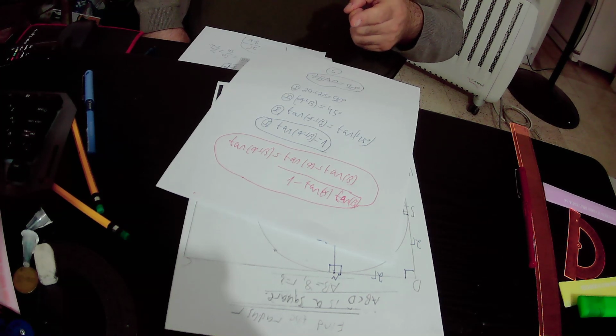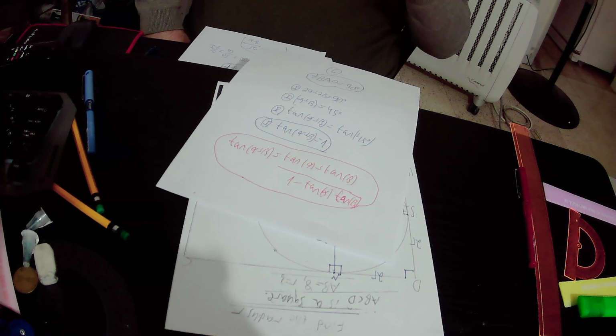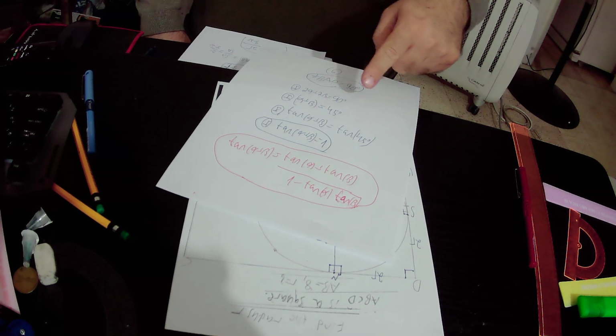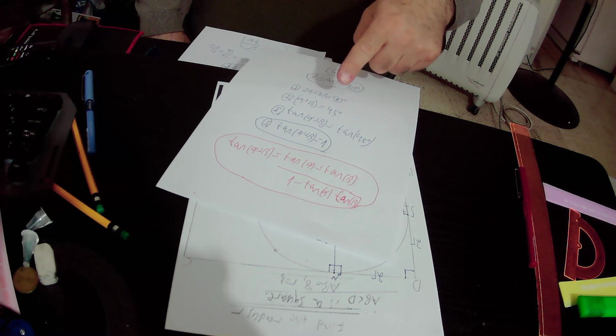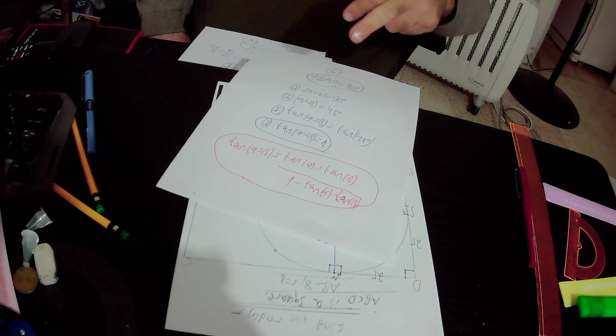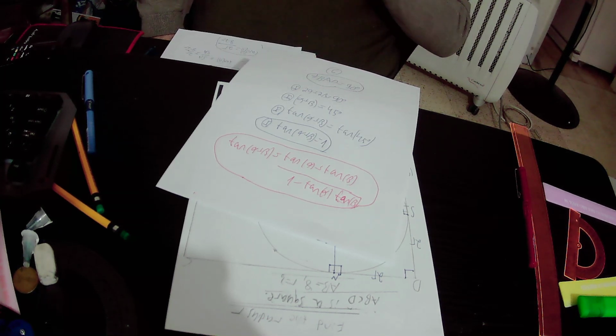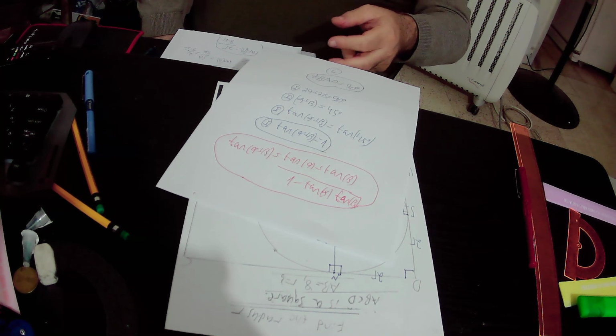But if alpha plus beta equals 45 degrees, then tangent of alpha plus beta will be equal to tangent of 45 degrees, which is 1. And for the tangent of alpha plus beta, we have a trigonometric identity: tangent of alpha plus beta equals tangent alpha plus tangent beta over 1 minus tangent alpha times tangent beta.